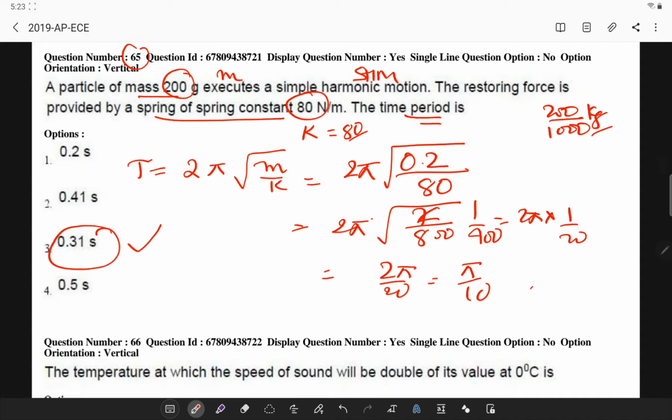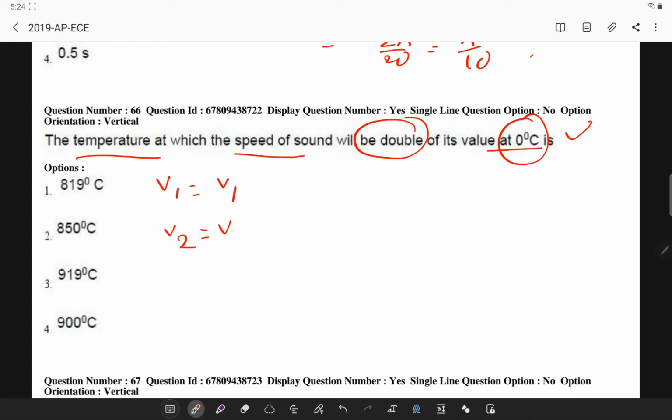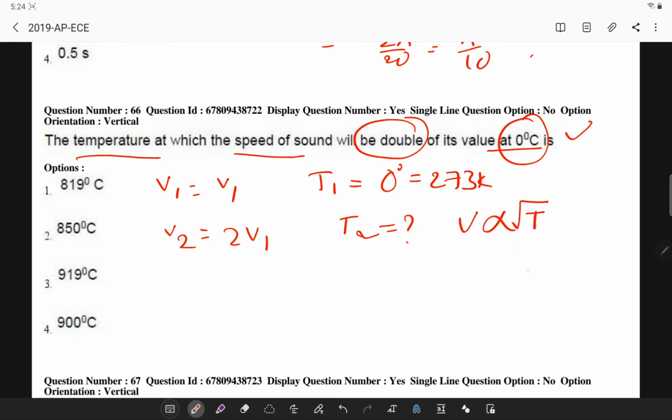Coming to the next question, temperature at which the speed of sound will be double of its value at 0 degrees. So here initial sound velocity is v1. Now he is saying that the speed will be doubled, which is nothing but multiplication of initial speed. So initially take t1 is 0 degrees or 273 Kelvin. Now he is asking us to find out the value of t2. So we know that velocity of sound is proportional to square root of temperature.